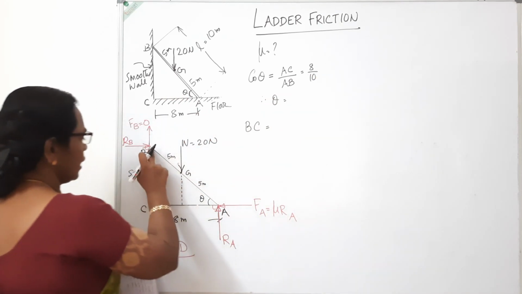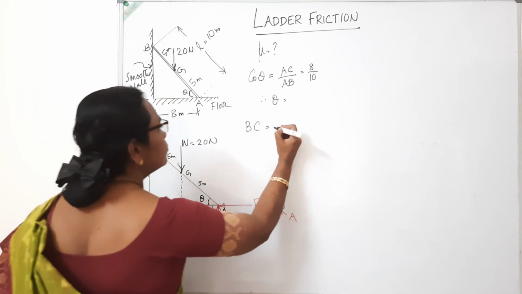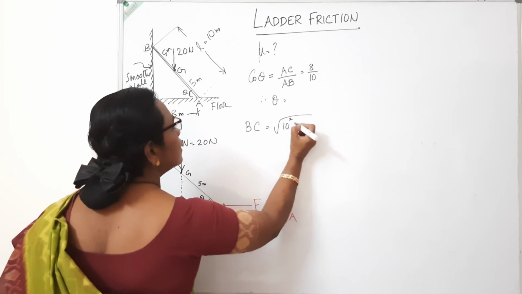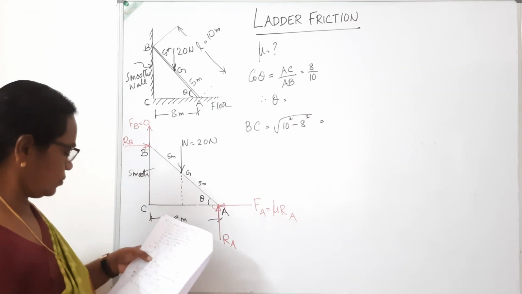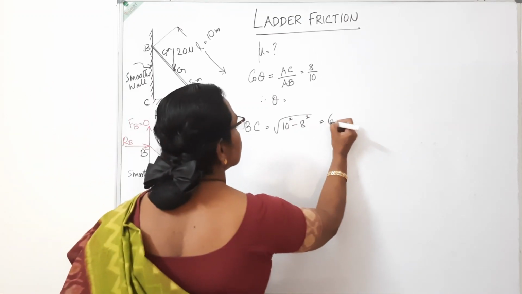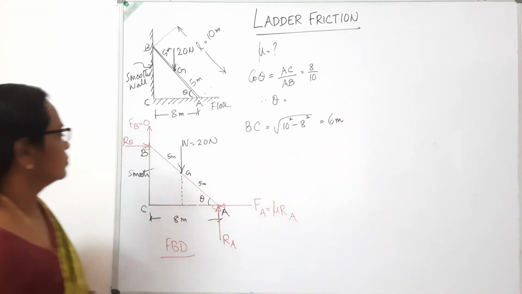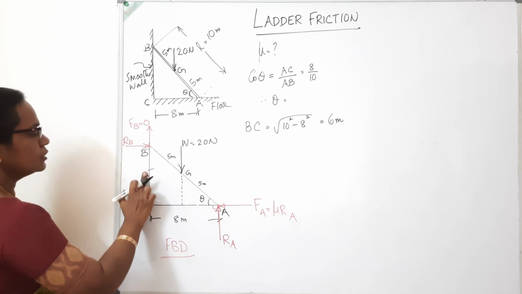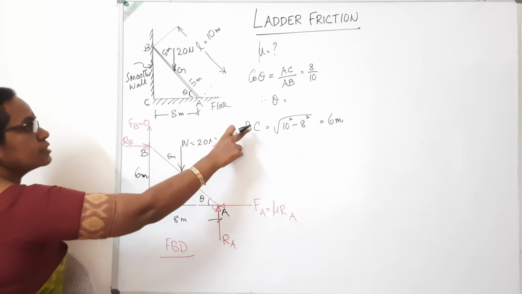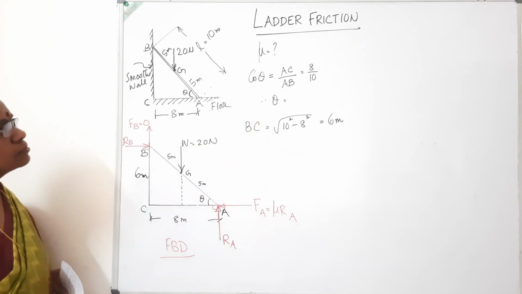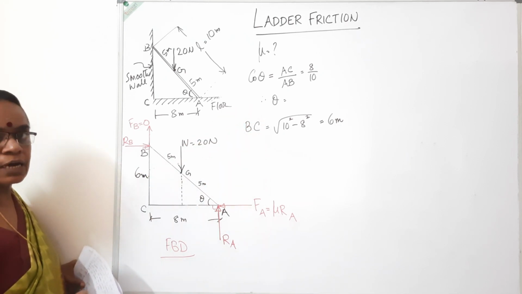Hence distance BC can be found out as root of 10 square minus 8 square. So that is equal to 6. So this distance we got as 6 meter, and from cos theta 0.8 we can find theta.